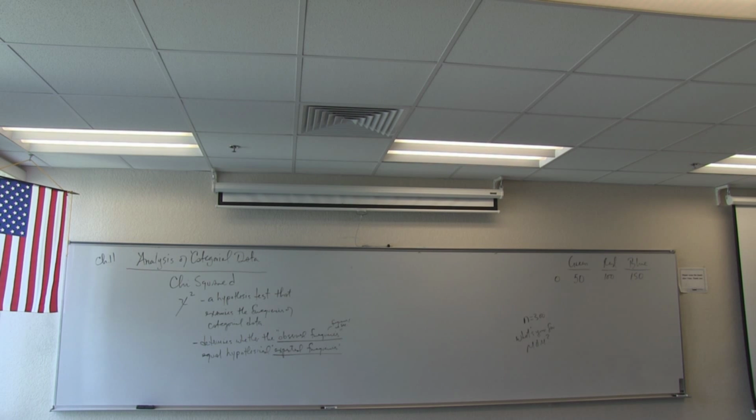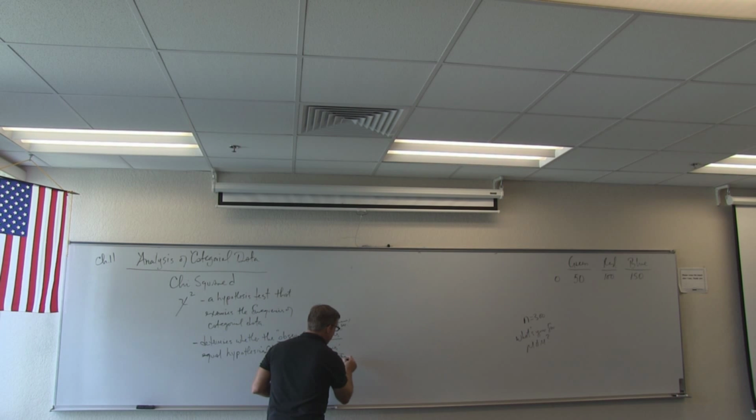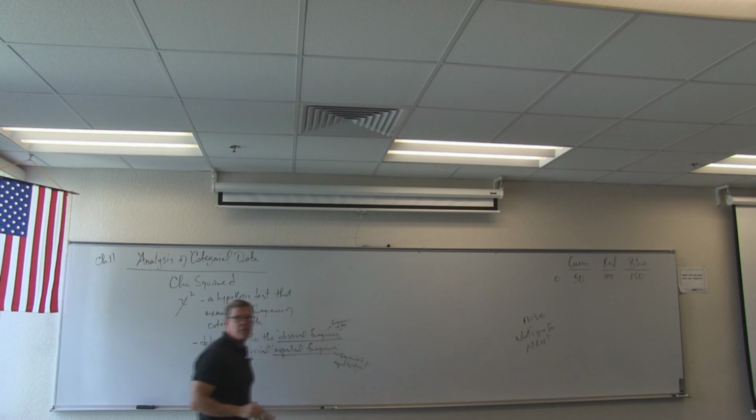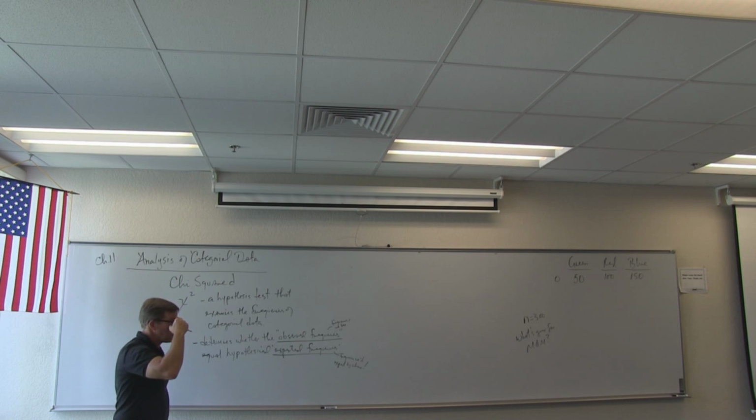These are the frequencies we see. The expected frequencies are a little bit more challenging to understand. Let's keep this thing simple. The expected frequencies are the frequencies we'd expect by chance. What do I mean by that?